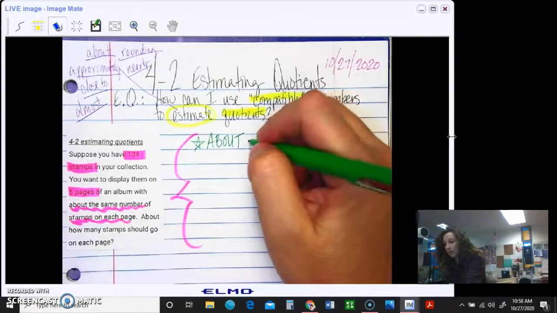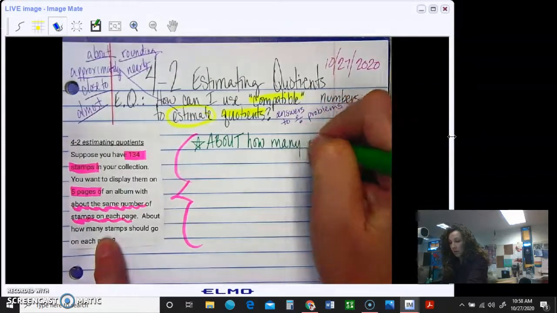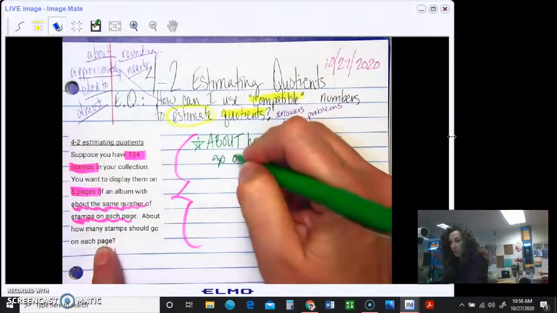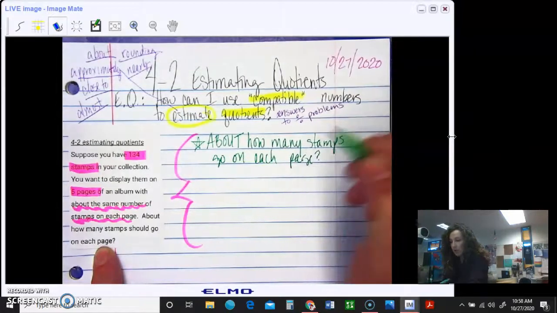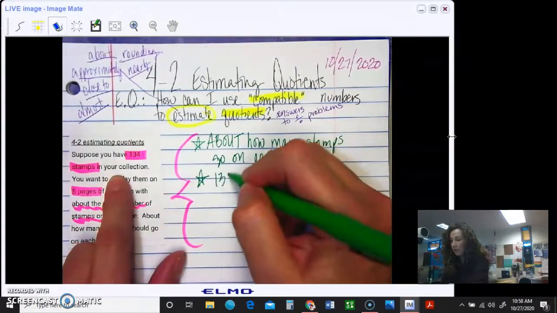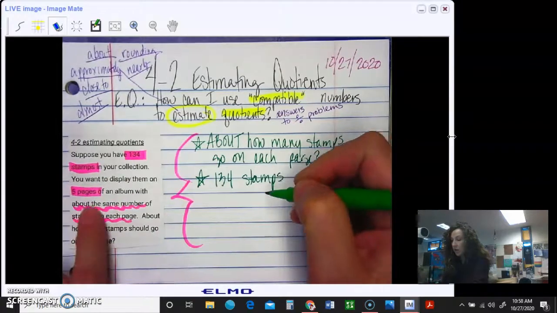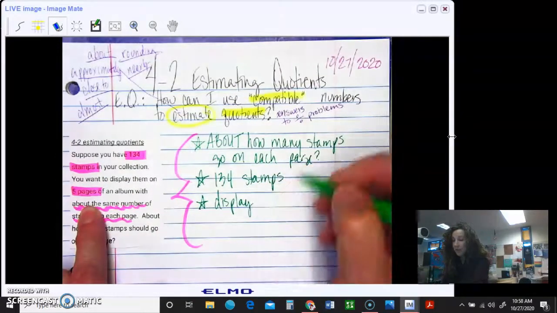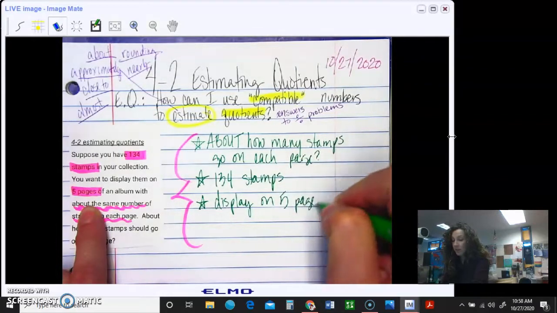Okay, about how many stamps go on each page. Then I have a total already of 134 stamps. I want to display them, make it so everybody can see, on 5 pages.